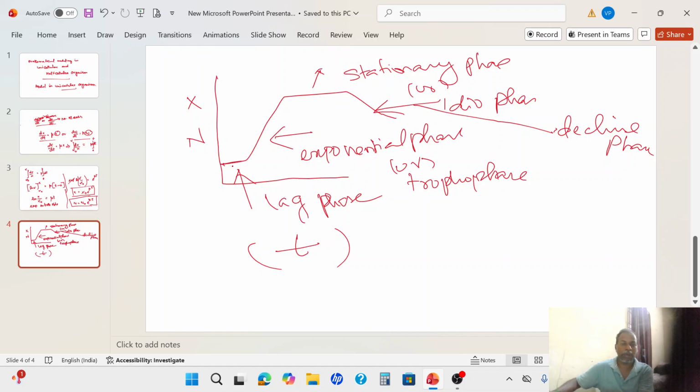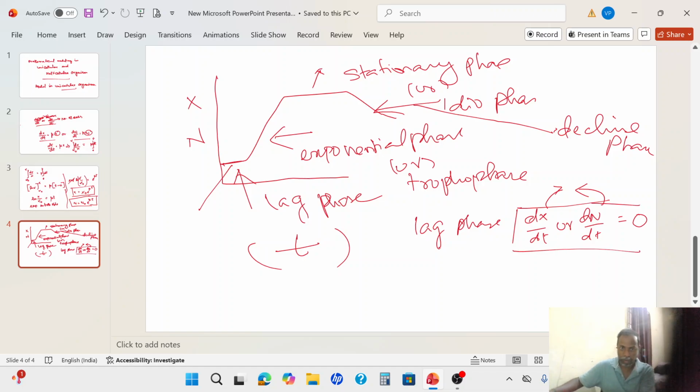So in terms of lag phase, the model is dx by dt or dn by dt is equal to 0, because there are no changes in x or no changes in n. Hence, it is going to be dx by dt equal to 0.